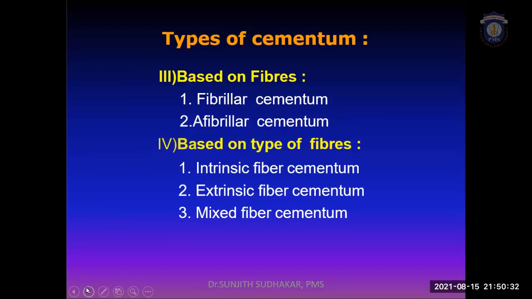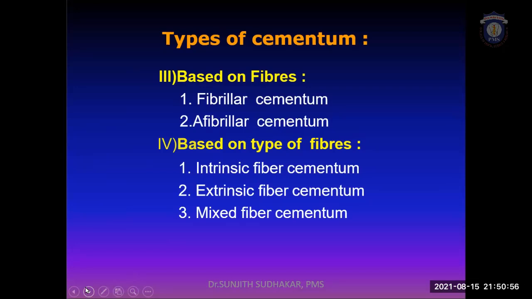Then, based on the presence or absence of fibers, any Cementum which has fibers in it is called fibrillar Cementum, and the Cementum which is devoid of fibers is known as afibrillar Cementum. Now the fourth one, based on the type of fiber.